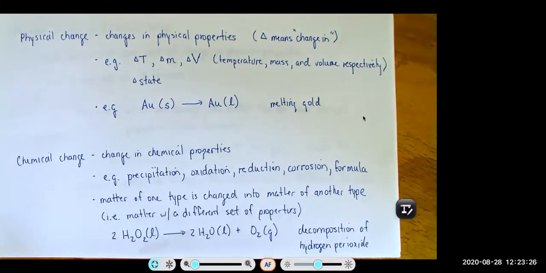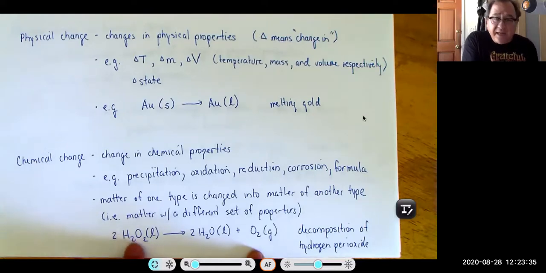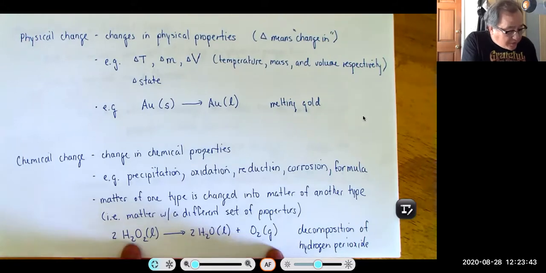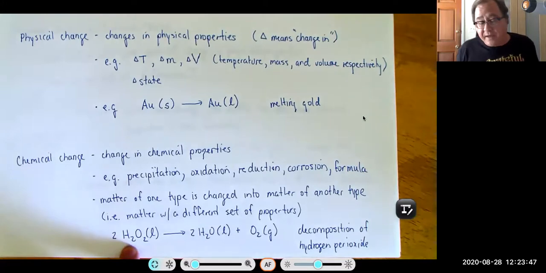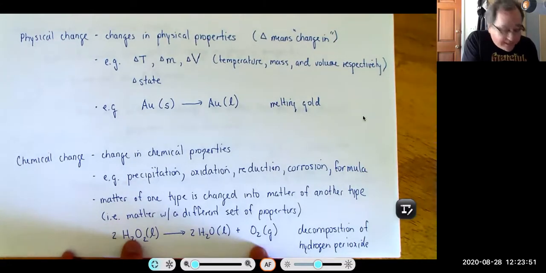So here, these two hydrogens and these two oxygens are chemically bonded together. Here, these two oxygens are chemically bonded together, but there aren't hydrogens chemically bonded here. So we know that this is a different formula than this, not just the O2 separated, because there's no space here, and these are chemically bonded together.